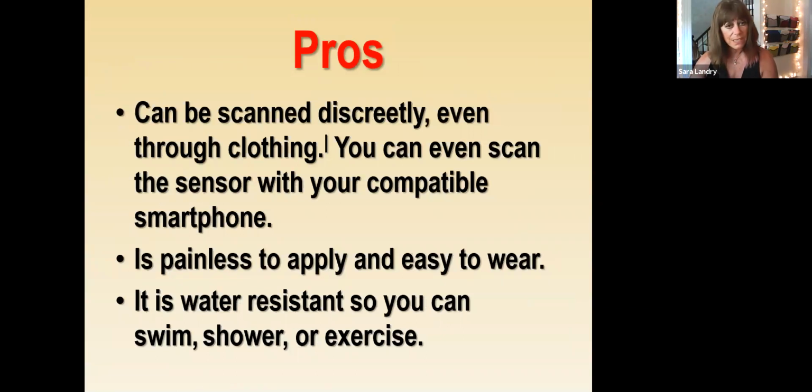The good news is you can scan your blood sugar even through your clothing. It's painless, it's easy to wear, it's water resistant, so you can swim, shower, or exercise. So if you're a type 2 diabetic, you might want to look into getting one of these little devices.